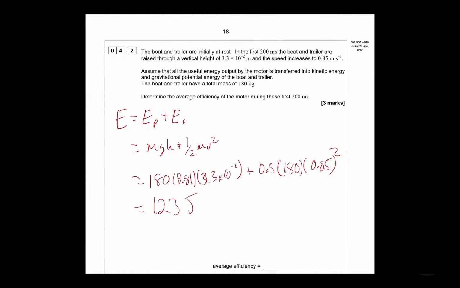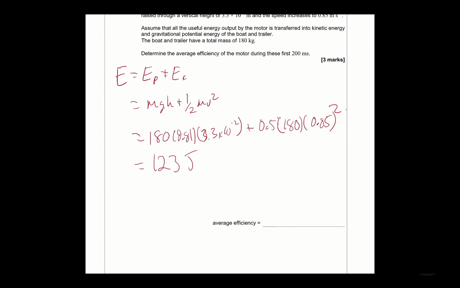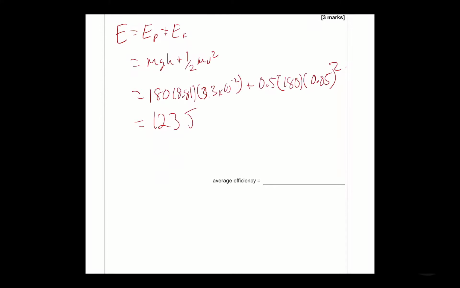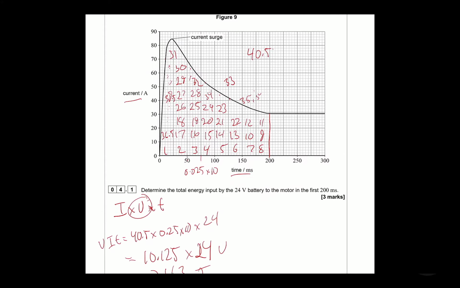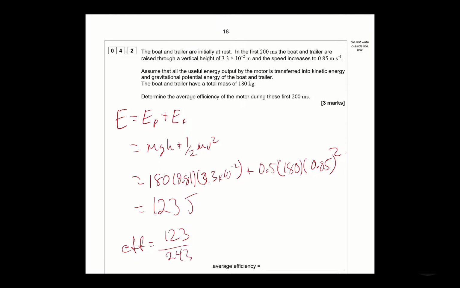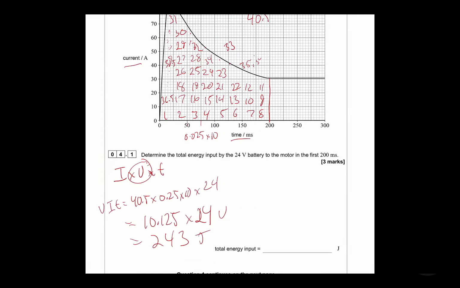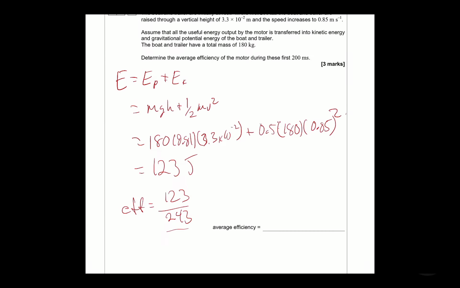So my efficiency is useful energy out divided by the total energy in. So efficiency is 123 divided by 243. Now it's fine if this number is different than the one that I've got, because as long as you're using your answer from question 4.1.